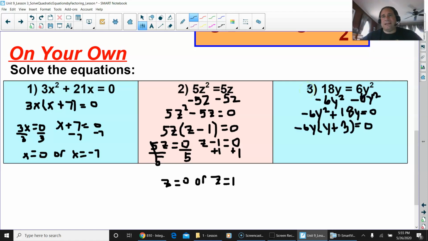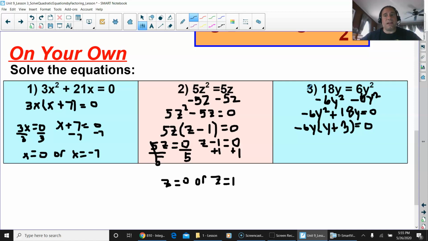Taking a look at what I did, I went opposite of what I said I was going to do. I subtracted the positive 6y squared on both sides. It becomes a negative 6y squared, and I have to put that first because I'm talking about standard form. So negative 6y squared plus 18y equals 0.